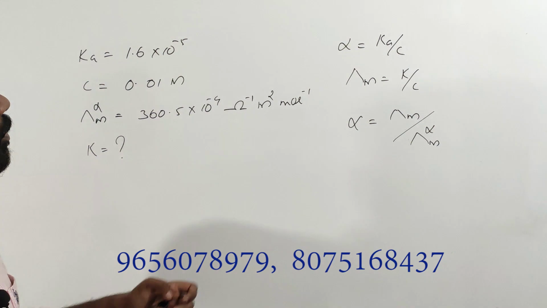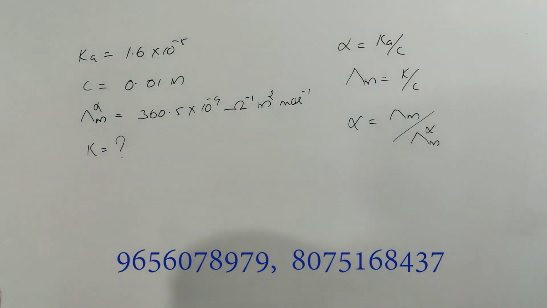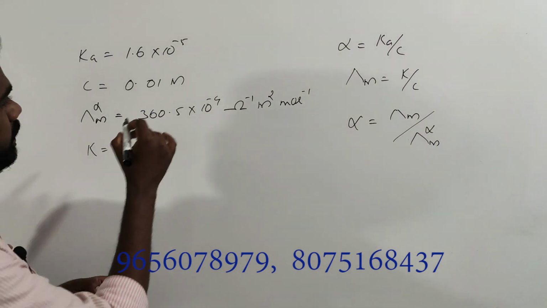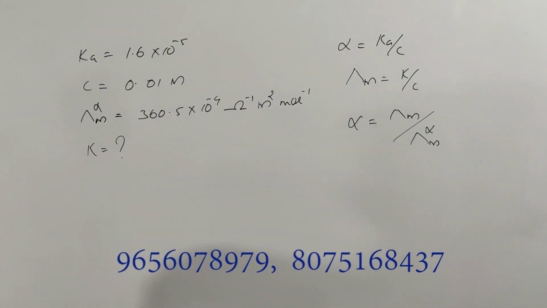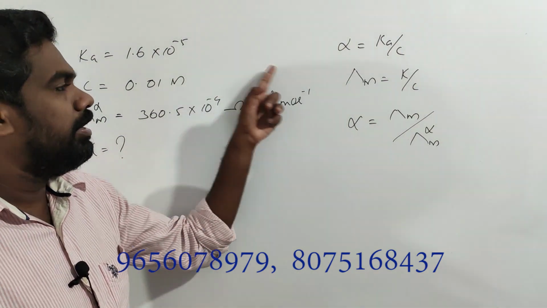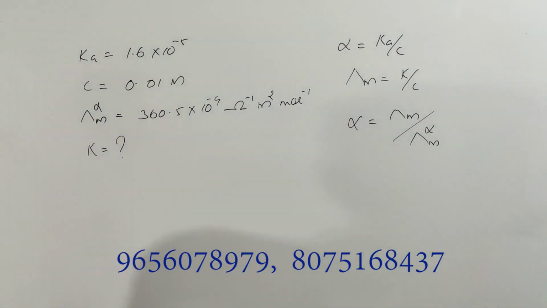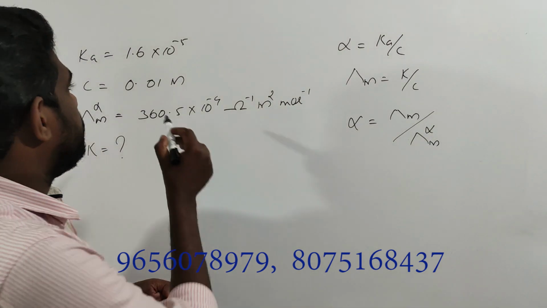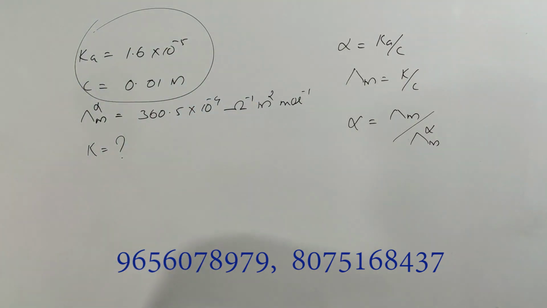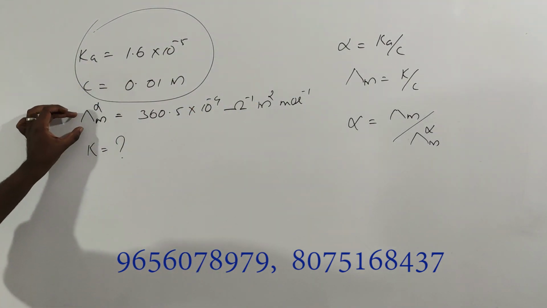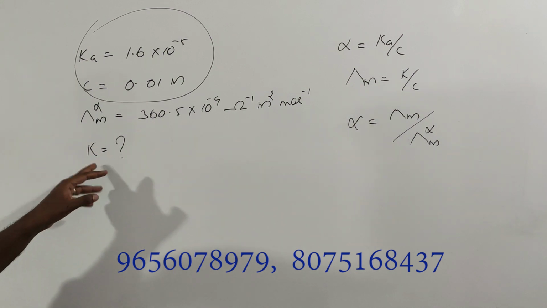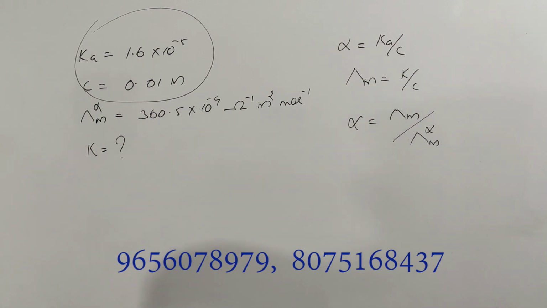We know these are the known equations for us. Ka concentration is in mole, so the units are very important here, so be careful about that. Ka is given and C is given. Lambda m at infinite dilution is given, and we should find out the value of kappa.